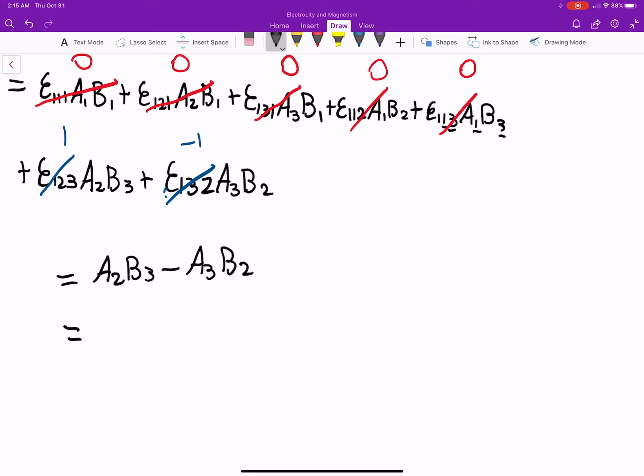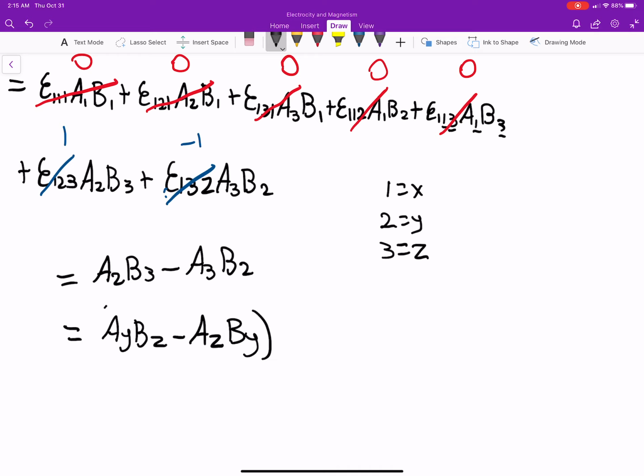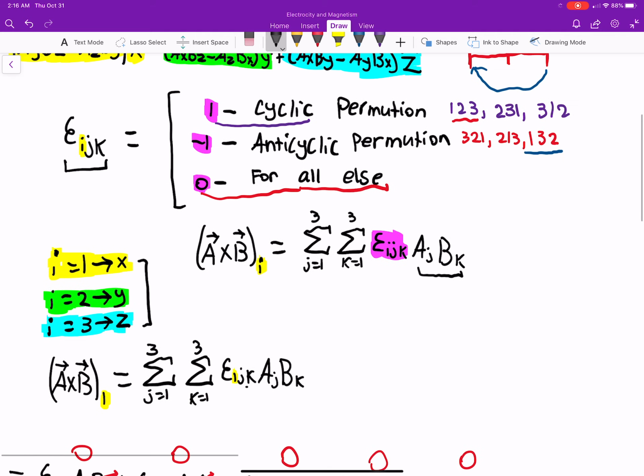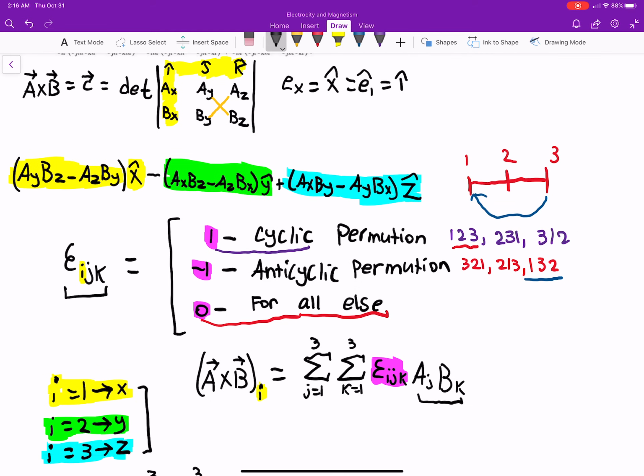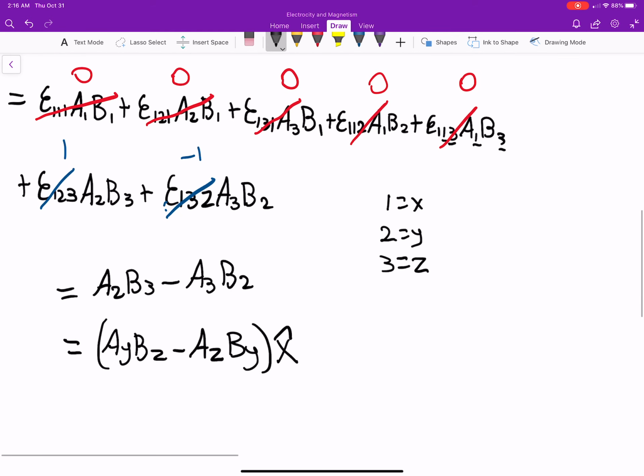Or if we're doing it where 1 equals X, 2 equals Y, 3 equals Z, A2, so that's AY, BZ minus AZ, BY. And we said I is 1. Boom. And that's what we got from when we did it over here, AYBZ minus AZBY.